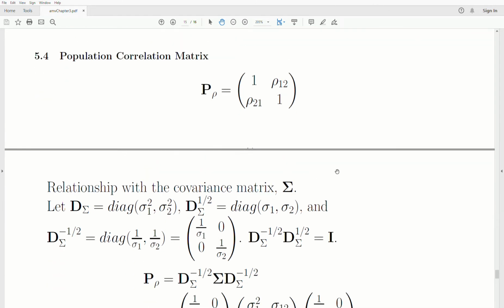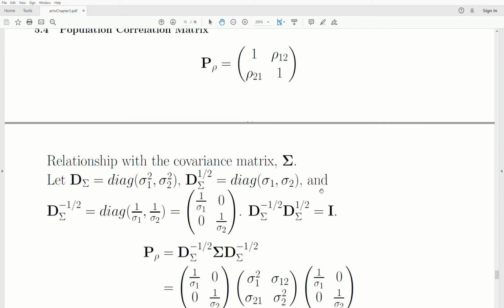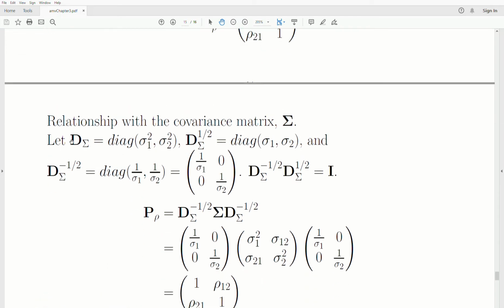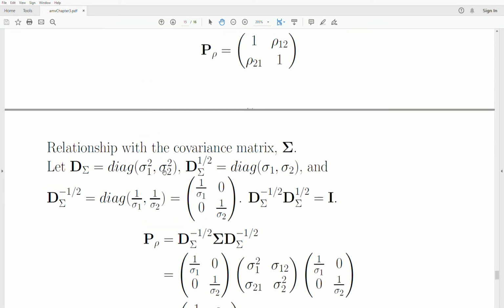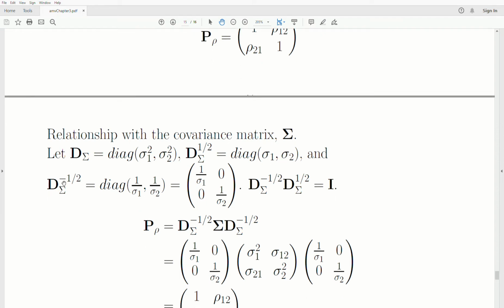Now, since correlation is calculated from covariance, it seems like the correlation matrix should have a relationship with the covariance matrix, and it does. So if we create a diagonal matrix of the variances, and then we create a square root matrix, which is the diagonal of the square roots of these, which is the standard deviations, and then we look at the inverse of that square root matrix, but since it's diagonal, it's just 1 over the diagonal elements of this, right, which is this.